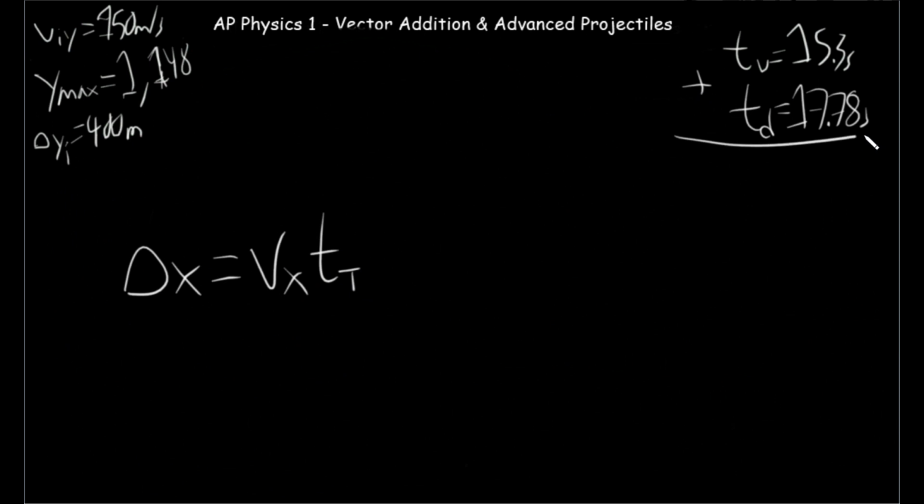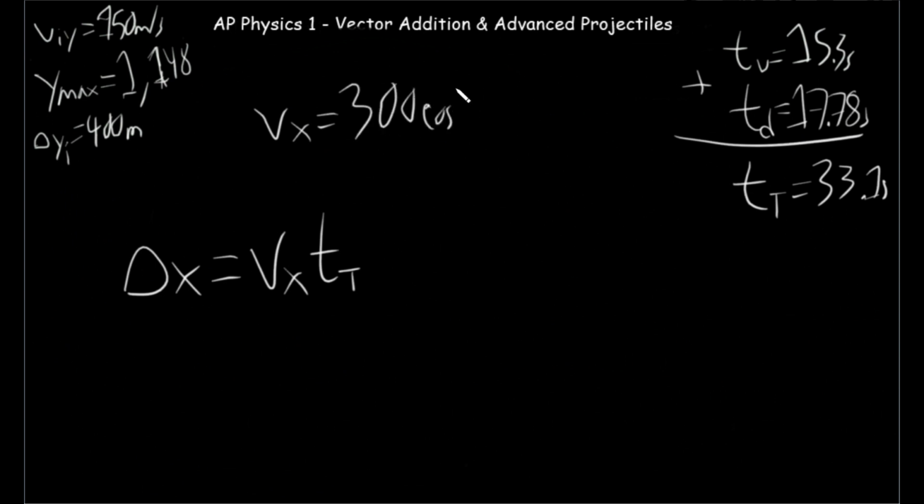Well, t total we can just get from here. We can just add our times together because we have them now. 33.1 seconds, if you round it to the nearest tenth. And then for v of x, we can just do, I think we had 300, and then it would be cosine 30.